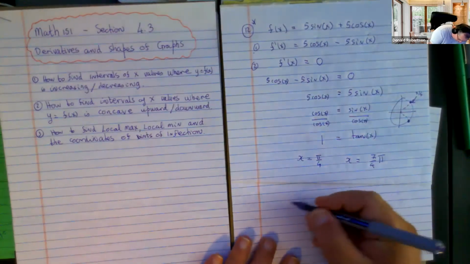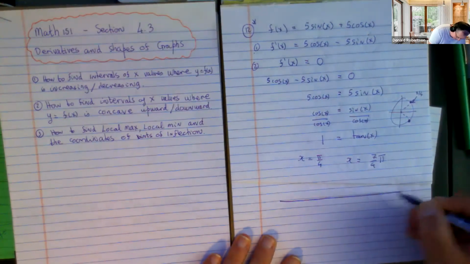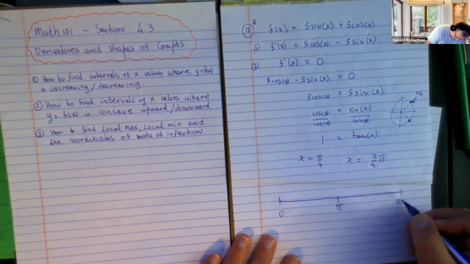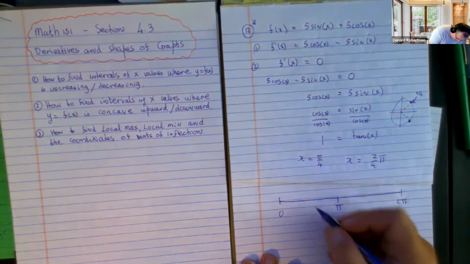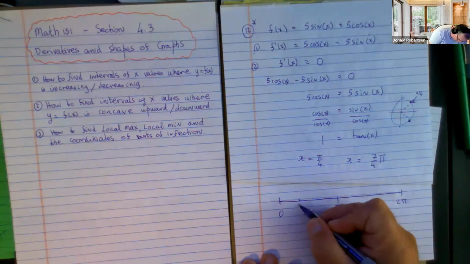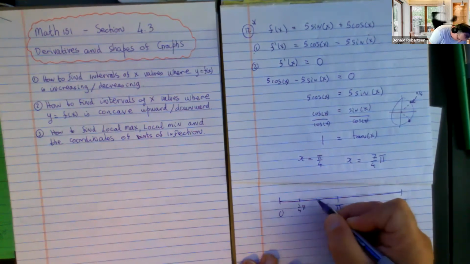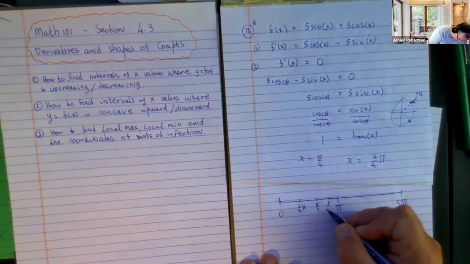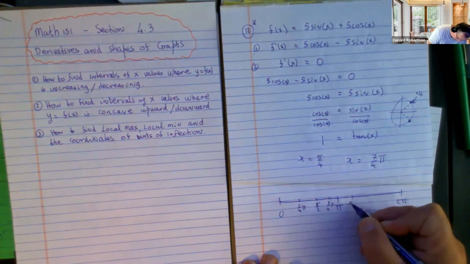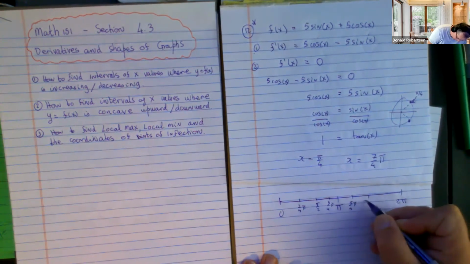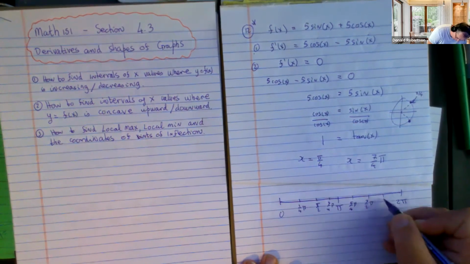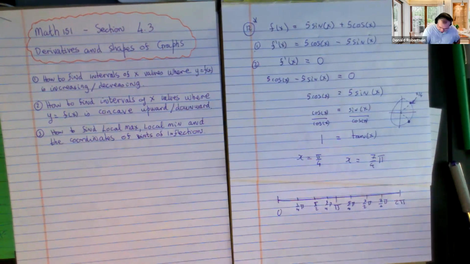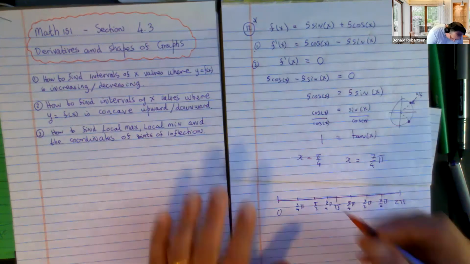For some weird reason, my brain forgot to put pi in the middle. There we go. So 1/4 pi, which is about here, 2/4 pi, which is this one, 3/4 pi is this one, 5/4, 6/4, 7/4 pi. I think that's a pretty decent scale, maybe even a little bit more than I needed.